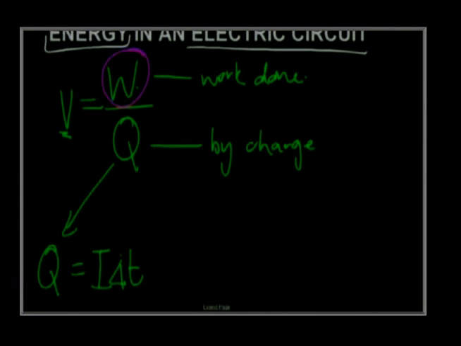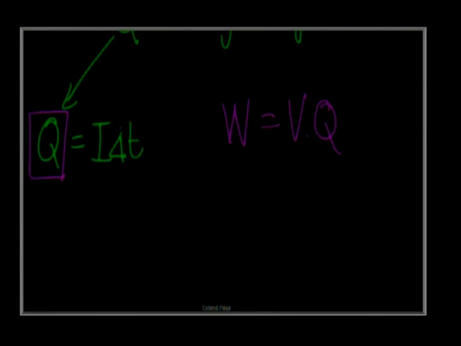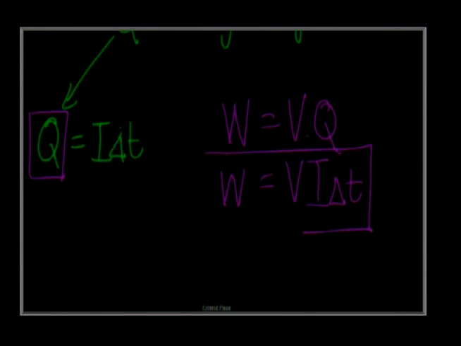If I change this equation and say work is therefore equal to the potential difference multiplied by the charge, you would notice that I would be able to substitute the Q in this formula. When I do that substitution, we will notice that my formula changes into V multiplied by I multiplied by the change in time.